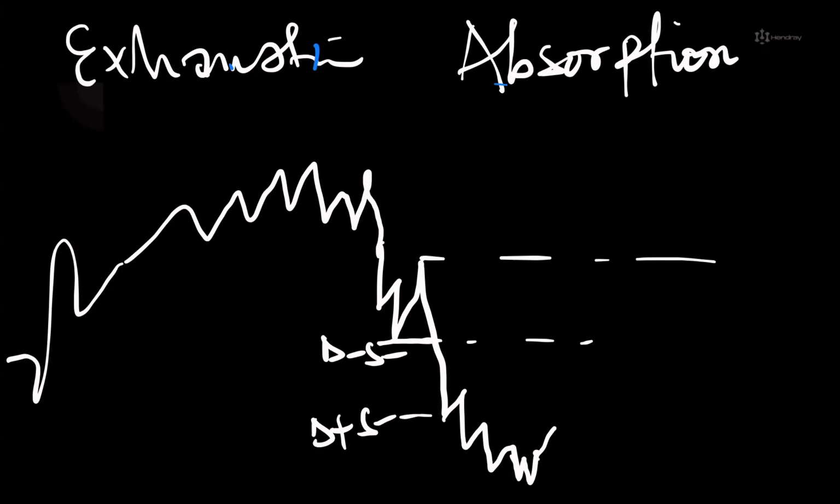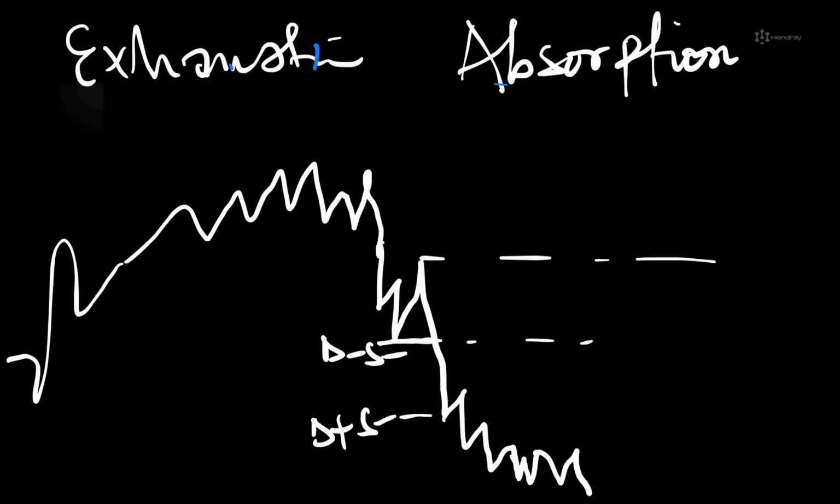So for example, let's say this is D minus S minus. Let's say this right here is another day now. Price went ahead and goes to another day. Is that understood?